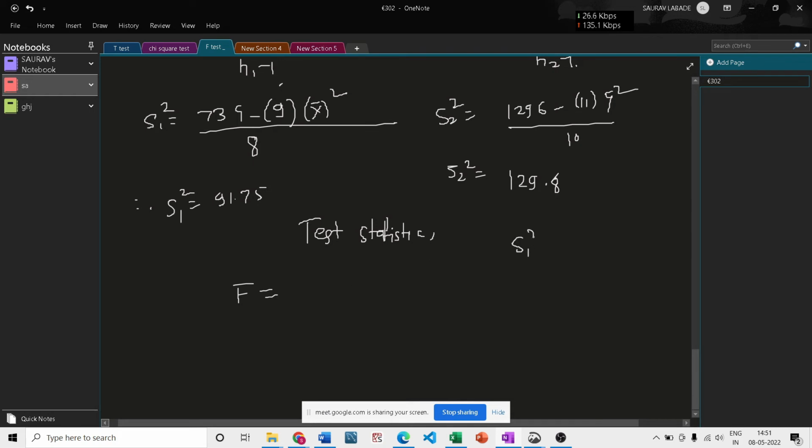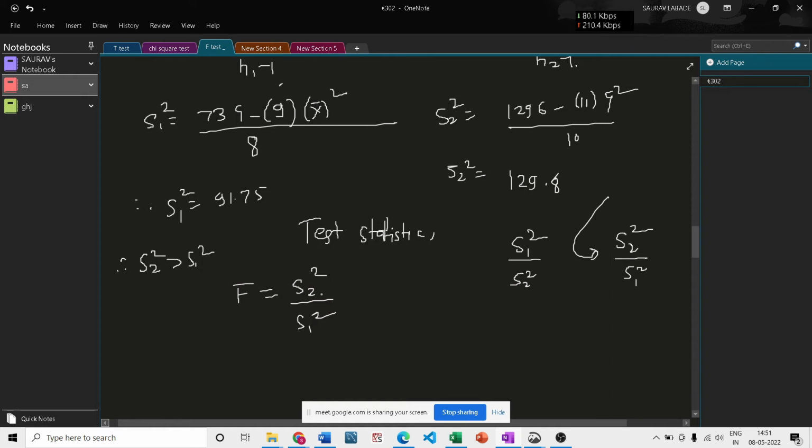It is s2 square upon s1 square. Right, because here your s2 is greater than s1. So we can say that since s2 square is greater than s1 square, the test statistic will be s2 square divided by s1 square.